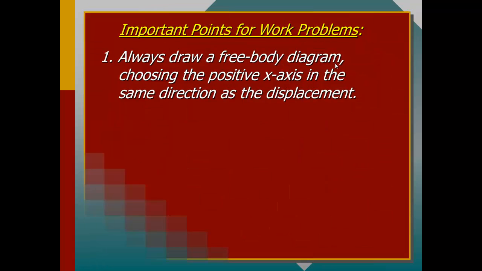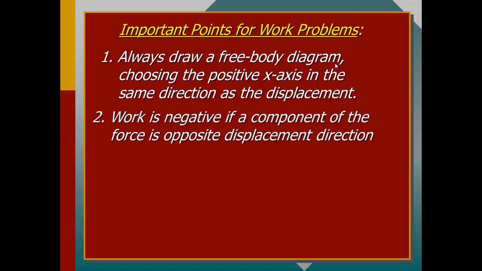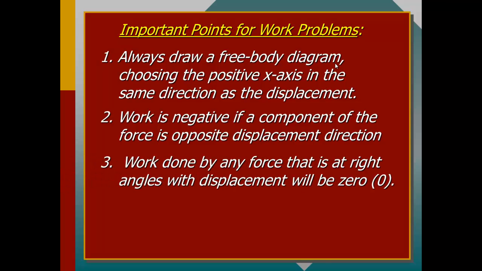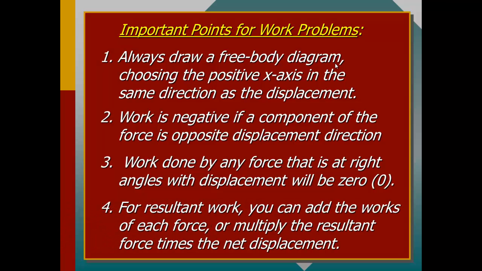So always draw a free body diagram, and work is negative if a component of the force is opposite the displacement direction, such as the frictional force. Work done by any force that is at right angles with displacement will be 0. So if the angle is 90, then the work done by that force is 0. For resultant work, you can add the works of each force or multiply the resultant force times the net displacement.